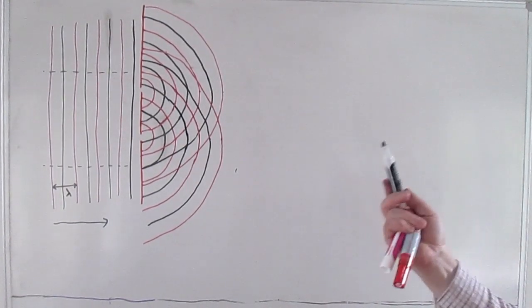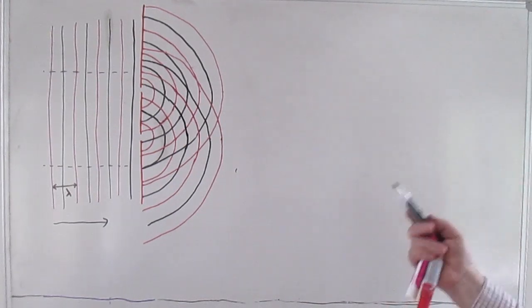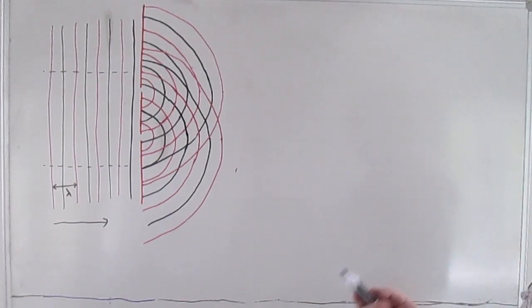So what you can see in this pattern is that we get some places where there's constructive interference and some places where there's destructive interference.